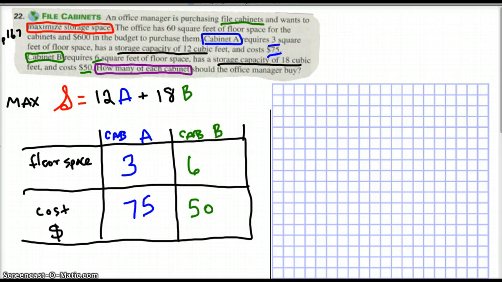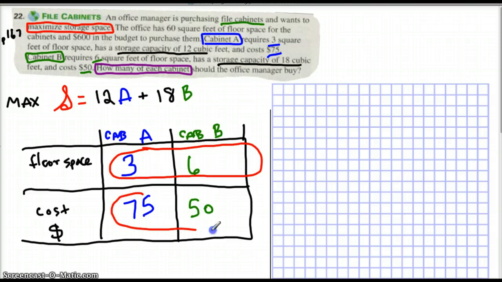Okay, well, great. And remember, we're trying to make equations going this way, going across the rows in this setup. So if we set up our two master things that we're looking for, and then a couple different variables, a couple different details about those two different products, we can go this way with it to make our equations. Okay, and now the office has 60 square feet of floor space for the cabinets.